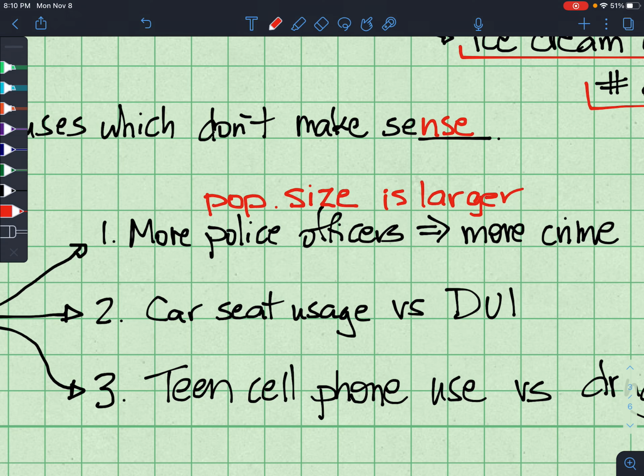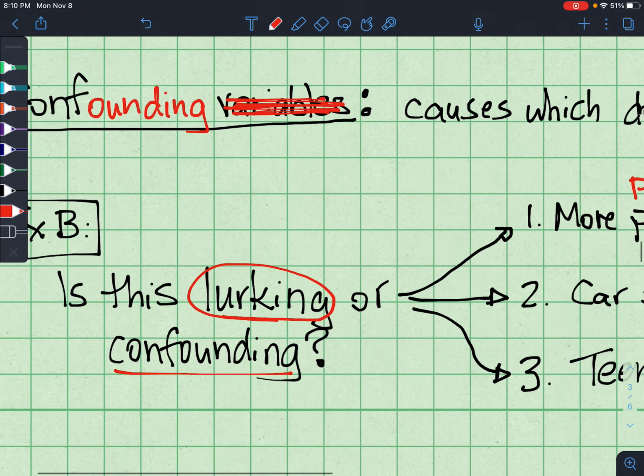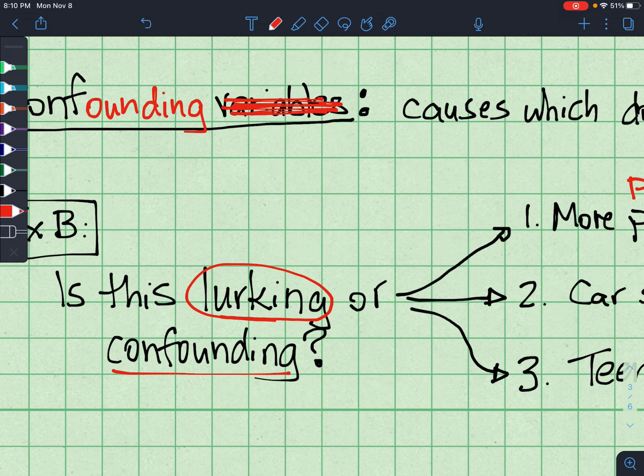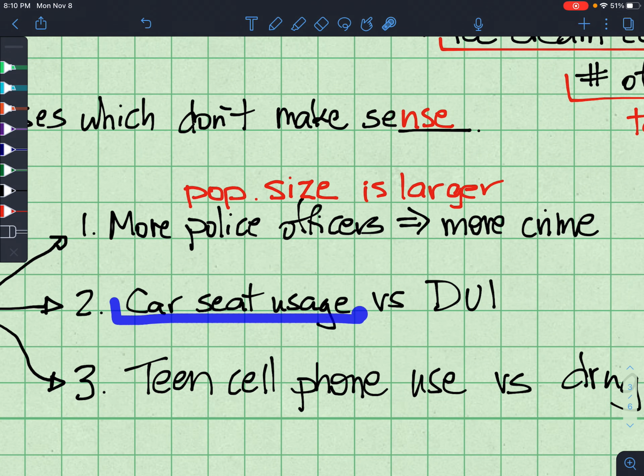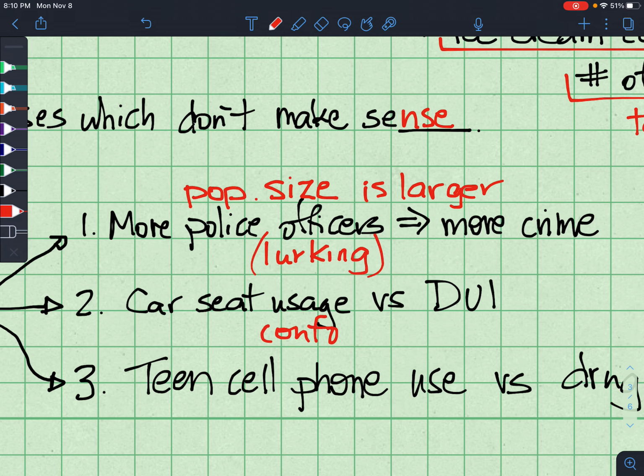Rather, I think this is a scenario which is confounding. We really don't know, at least I can't pin it down to anything, why these two variables increase together. There's a positive relationship. But the first one was a lurking variable, population size, whereas this one here is confounding. Okay, we don't really know what's going on.